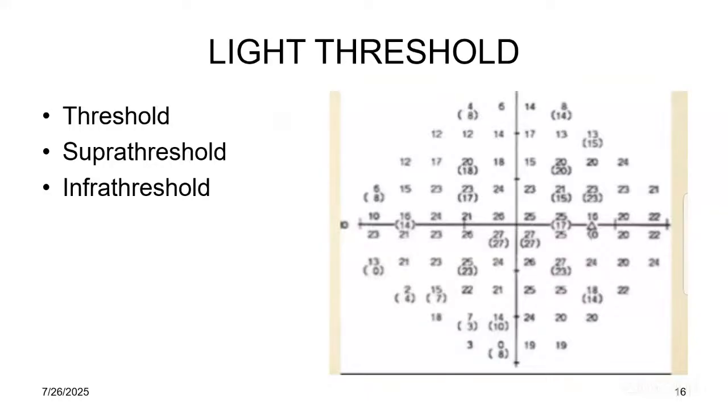In suprathreshold, you give a brighter light, and you expect that the patient should be able to perceive this light more than 50% of the time. While in infrathreshold, you present a dimmer light and you expect the patient to perceive it less than 50% of the time. That's the light threshold. And then, as you can see here, these are the raw data being plotted for different retinal sensitivity at different points, given with their raw score as given on the chart.